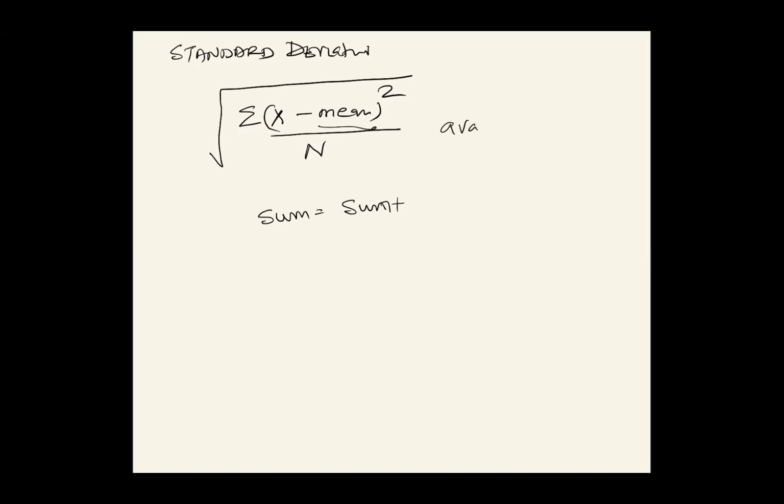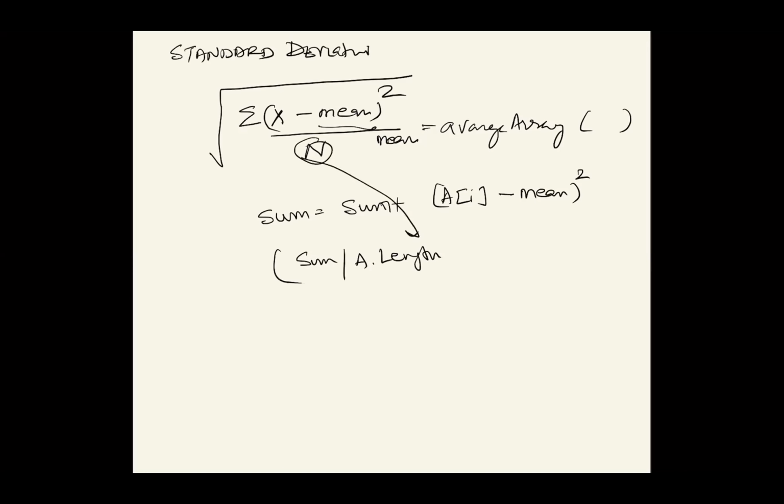Assuming the name of the function is average, say array, this will return the mean back, and assuming that's the mean variable, we will do a[i] minus mean, square, and then we'll take the sum and divide by a dot length, which is n, and then the square root. So this is how you're going to calculate standard deviation.